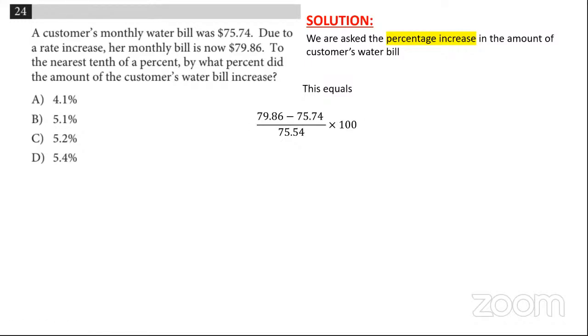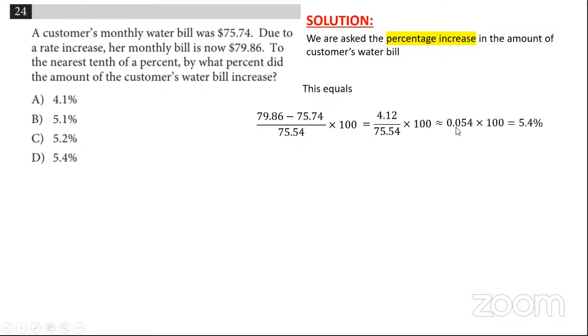Got it? So this will be 4.12 by 75.54 into 100. And this approximately equals 0.054 into 100, which is 5.4%. We have to give the answer to the nearest tenth of a percent.